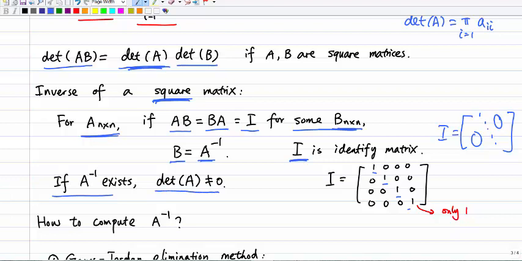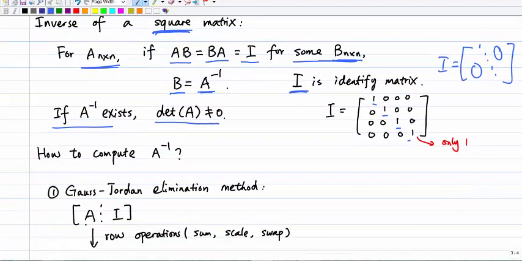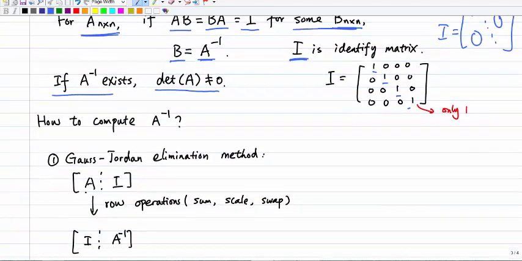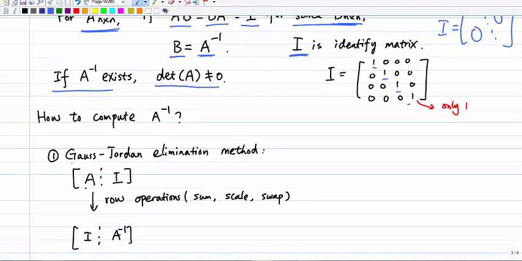Okay, so how do I compute the inverse of matrix A? There are two typical ways we can compute the inverse of A. The first one is called the Gauss-Jordan elimination method. What you do is you first put your A and your I, the identity matrix, side by side. Then you apply row operations to both.